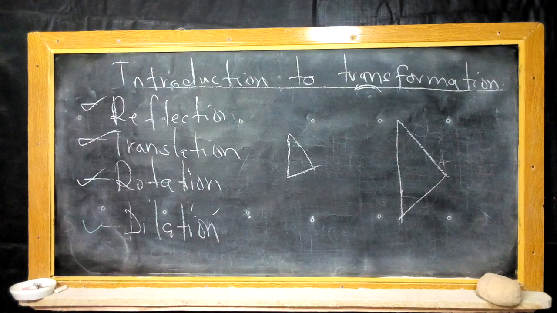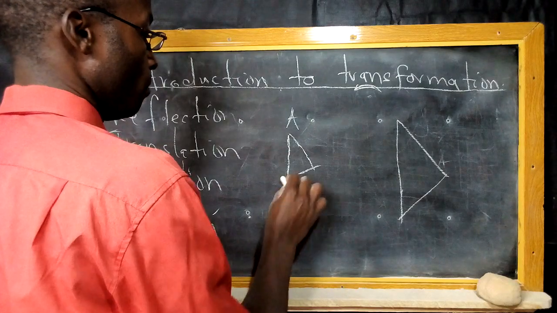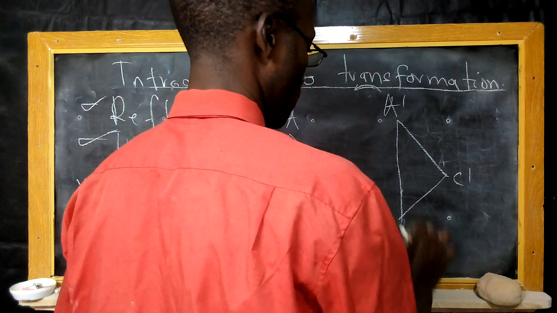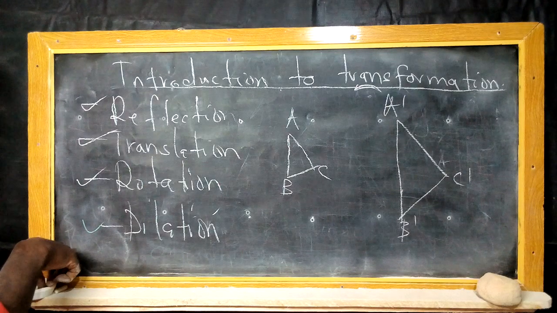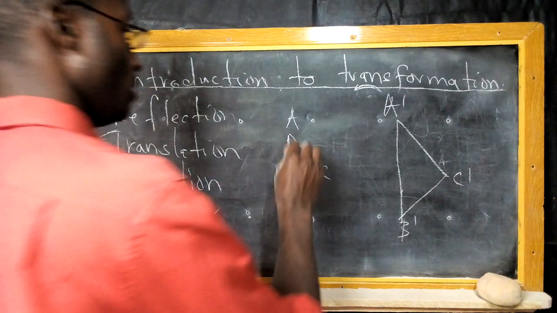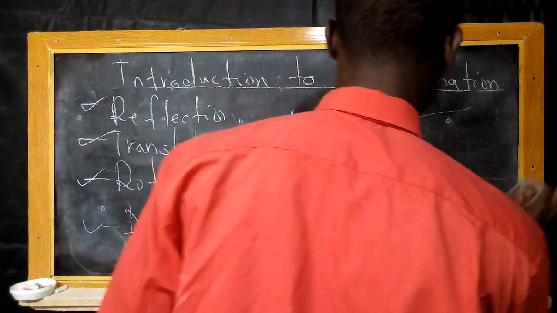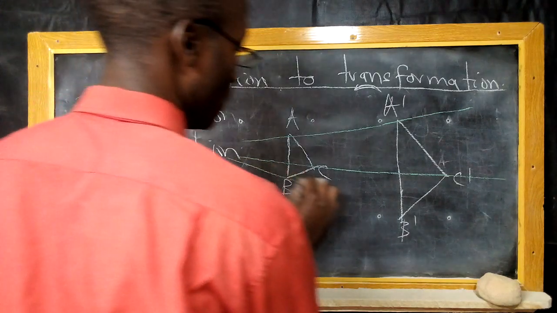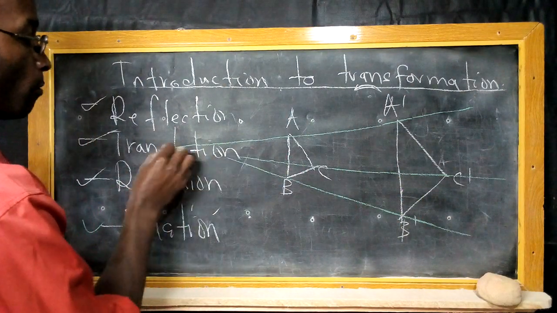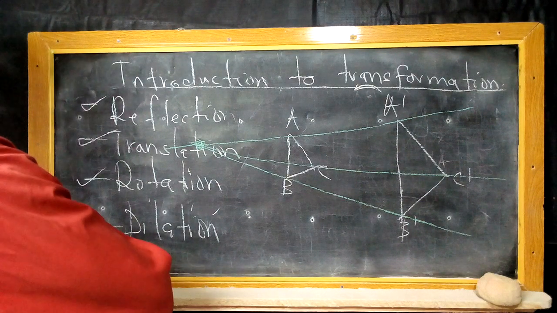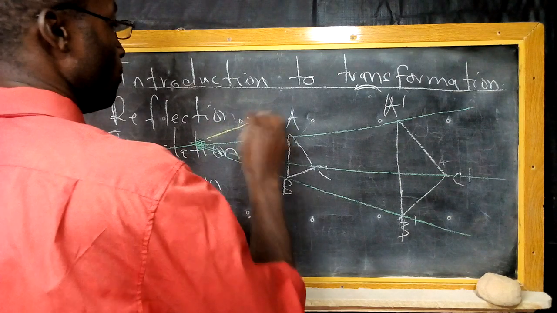If we name them A, B, C, and then we have A prime, C prime, and B prime, when we join the points, A prime with A, C prime with C, and B prime with B, and extend these lines, we find that there will be a common point at which these lines meet. That forms what we call a center point, which we have been referring to as a point of origin.